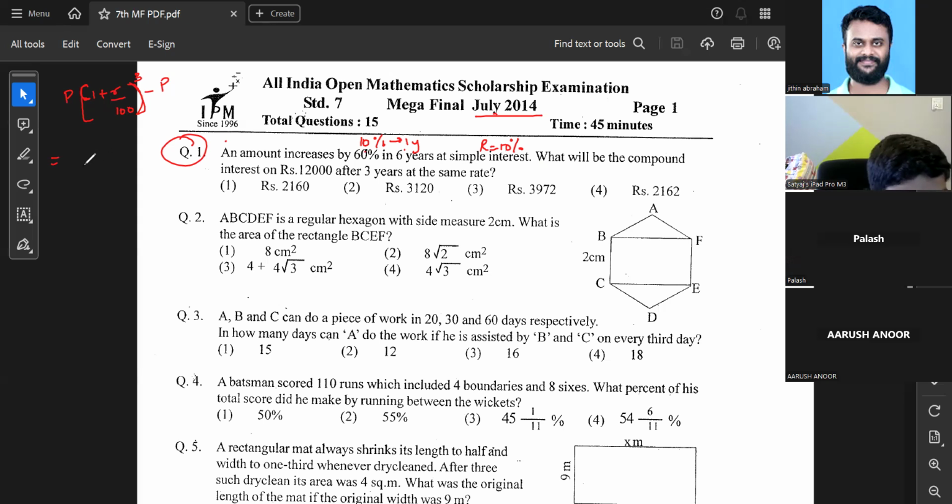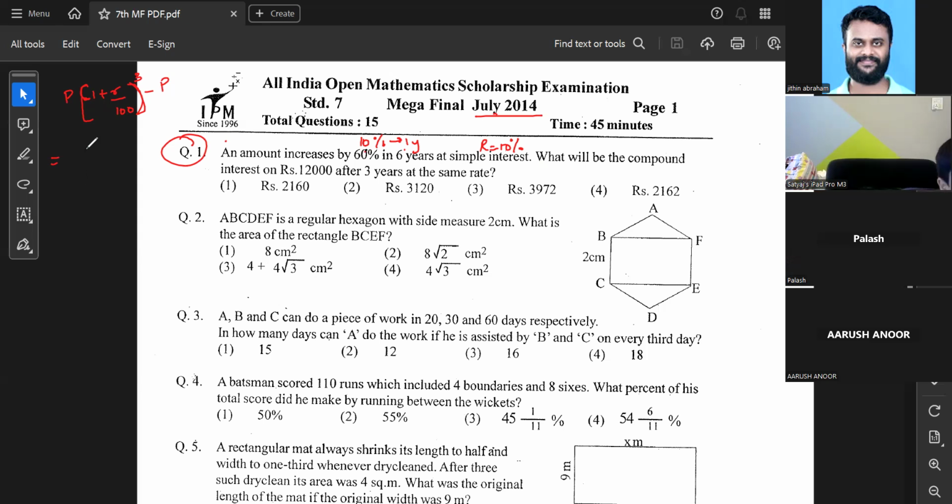Okay. So this formula is correct. This you can use and you get the answer. So 12,000 (1 + R/100). R is 10, so 10 by 100 is 0.1, giving 1.1. 1.1 raised to 3 gives you 1.331, minus 1 is 0.331, multiplied by the principal.